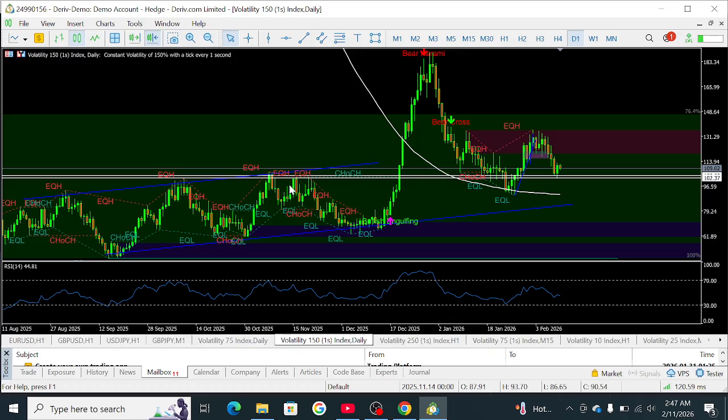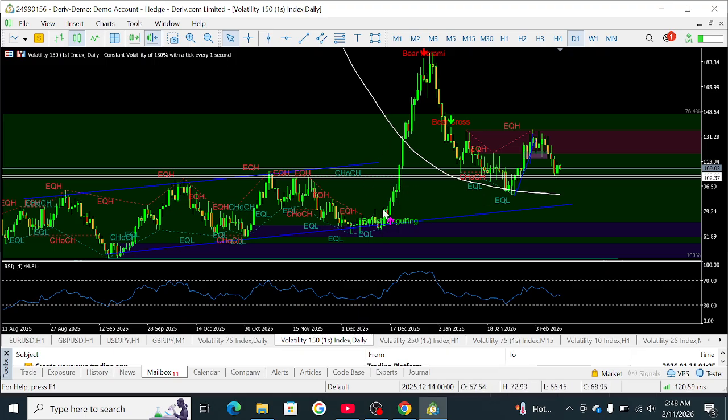Now the resistance has turned to support, and from here to this place, I still call it an order flow, or a liquidity void. And when there is a liquidity void of this nature, it leaves a lot of imbalances behind: order block, fair value gap, and so on and so forth.